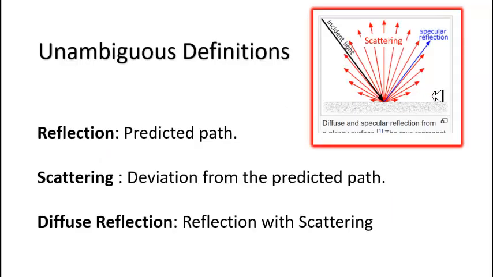So here are my unambiguous definitions for these terms. I define reflection as the predicted path. I define scattering as the deviation from the predicted path. Okay, and diffuse reflection is reflection with scattering, so it is reflection with deviations from the original ideal or predicted path.